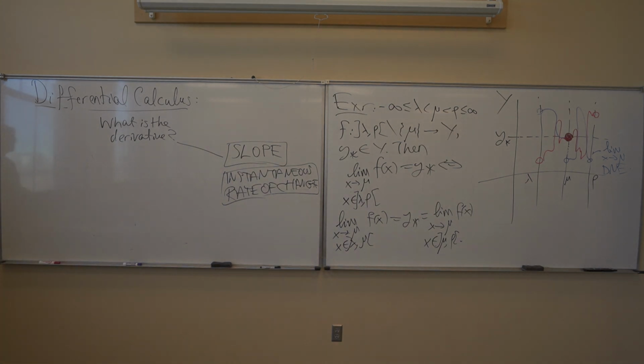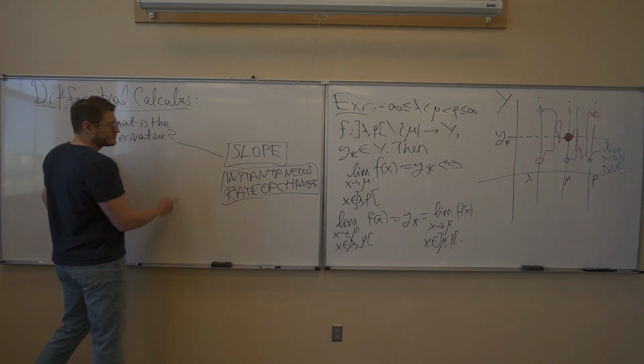But there's something more geometric. It's a slope of something. Maybe the slope of the graph of the function? The slope, but it's more analysis-y. Yes, slope of the tangent line, right? That's what I was looking for.